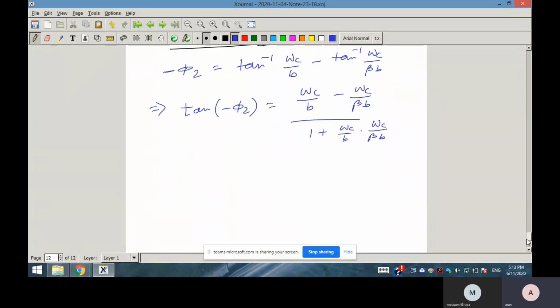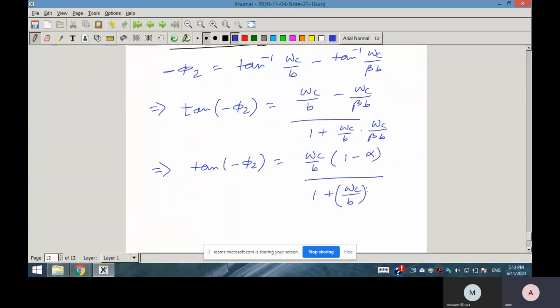So from here, what you can write? From here, you can write tan of minus phi 2 is equal to omega c by b. So now 1 by beta equal to what? 1 by beta equal to alpha. So omega c by b into 1 minus alpha divided by 1 plus omega c by b square into alpha. 1 by b is again alpha.